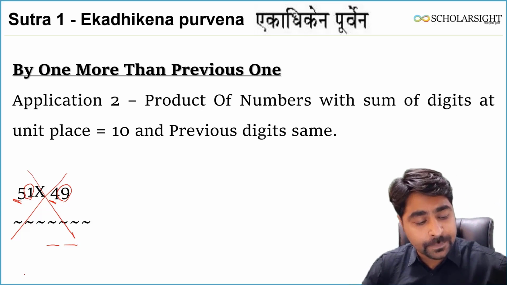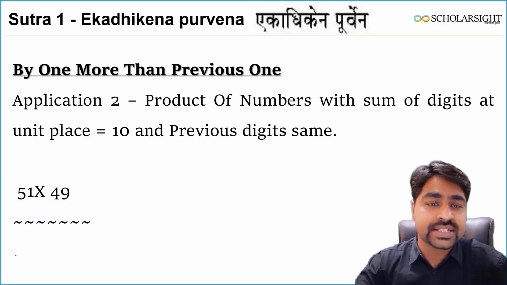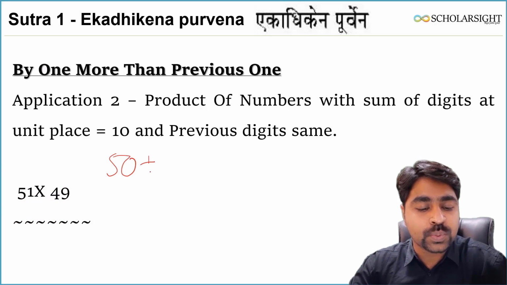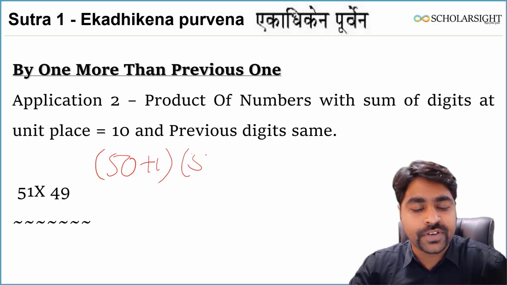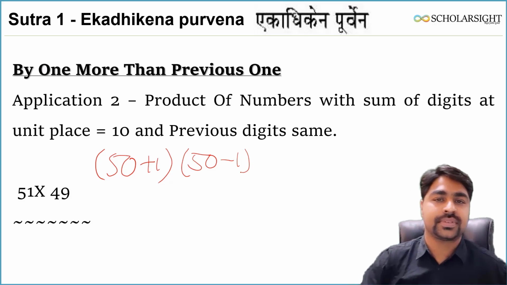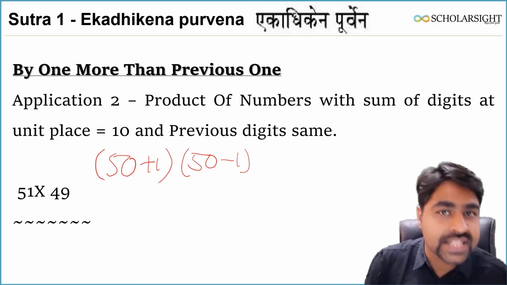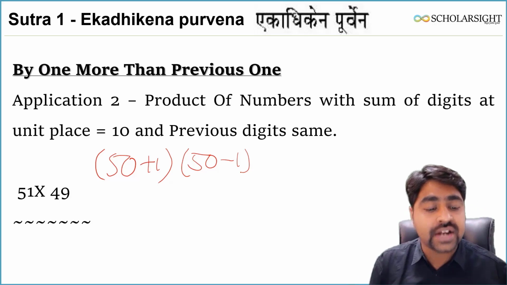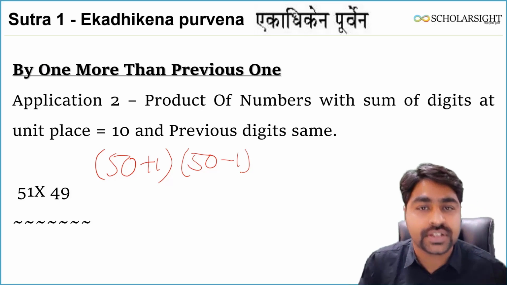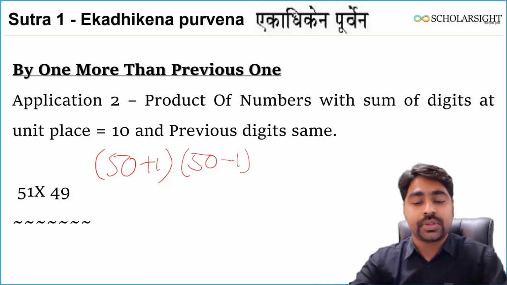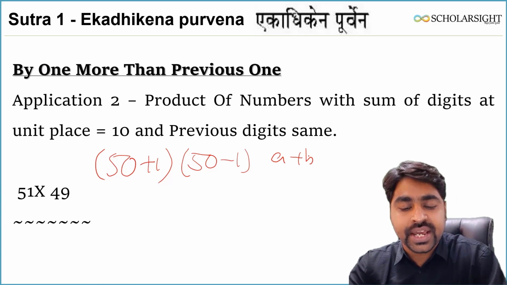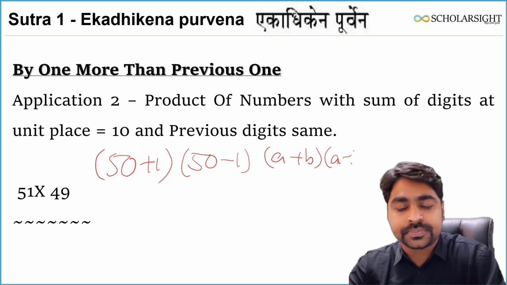But yes, you can apply something else here, which is 50 plus 1 into 50 minus 1, right? Can I write 51 as 50 plus 1 and 49 as 50 minus 1? So you already know that a plus b into a minus b, what is that?